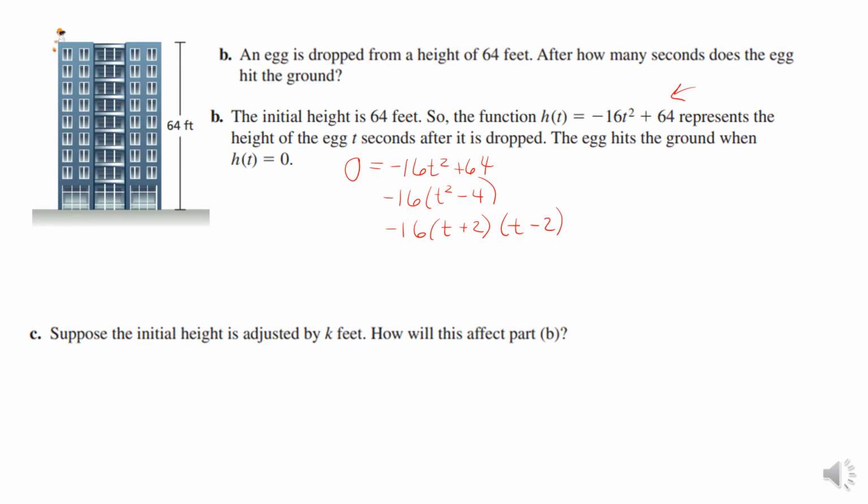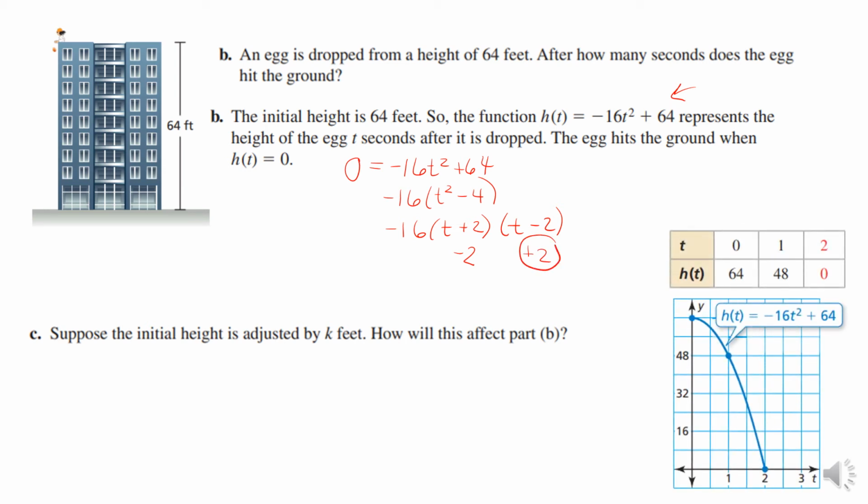So right away we know that the negative 2 represents the time before the graph, and so positive 2 is how long it's going to take it to hit the ground. So if you look, negative 2 represents the mathematical model of negative 2. Okay, but we don't use that. We only need the positive time, and you can see that it's 2.